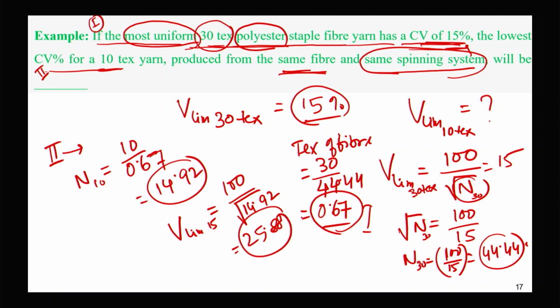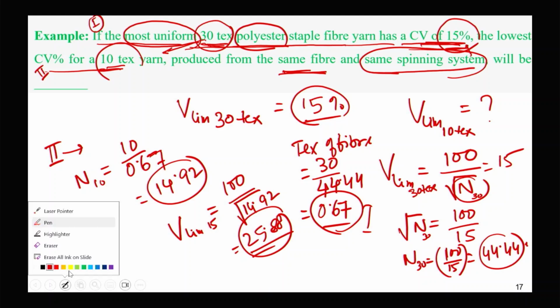So we can see that when we produce a coarser yarn from the same fiber, the limit irregularity is lower, and from the same fiber if we try to produce a finer yarn, the limit irregularity increases.